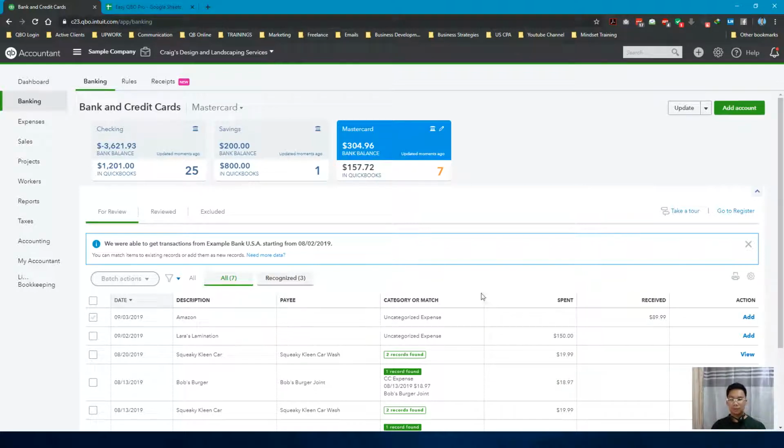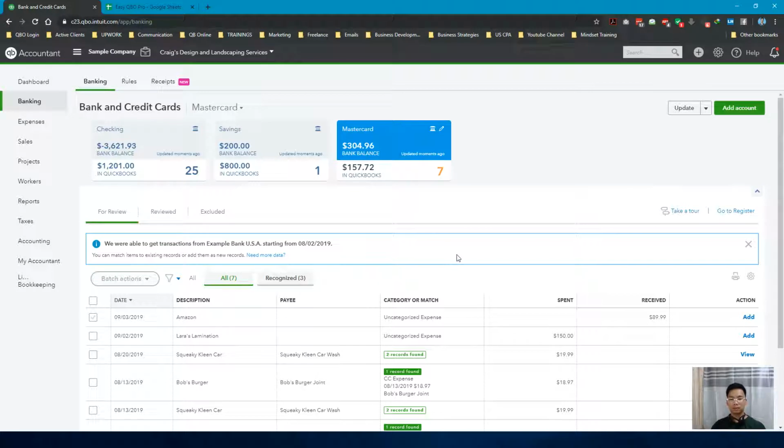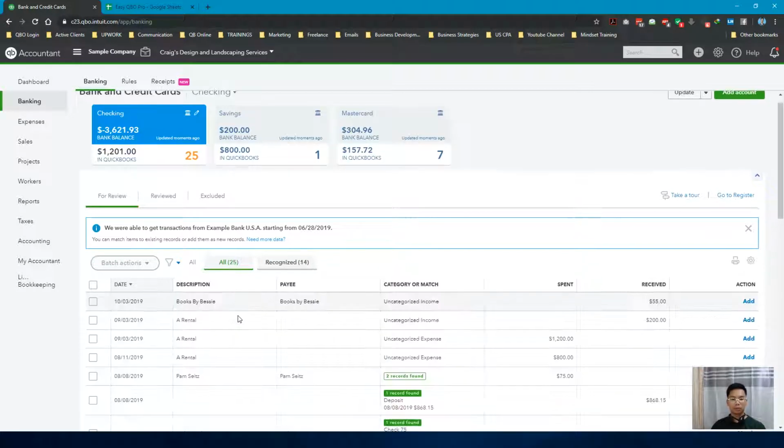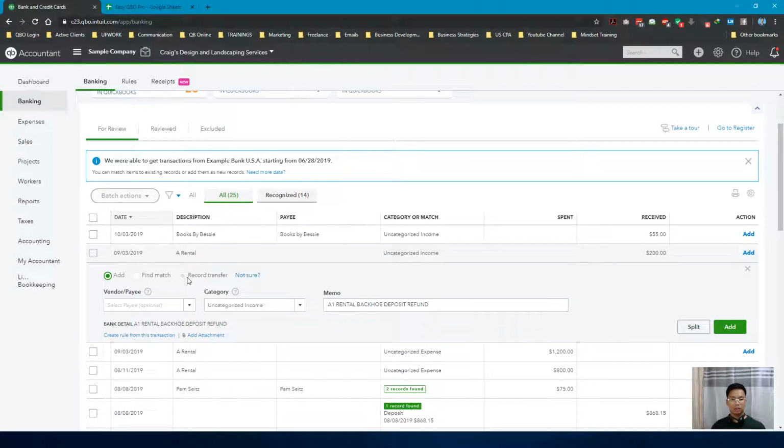So if you found that it's not showing here, maybe you have used the wrong account on the transfer to account, so be careful. When you select the transfer, you select record transfer and then you put the name of the credit card being paid here on the select account.